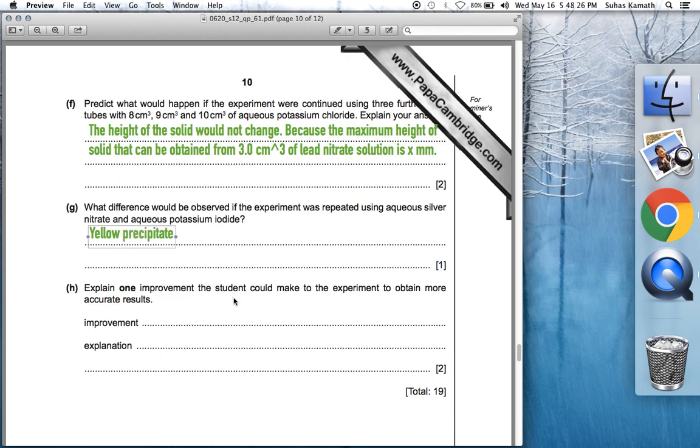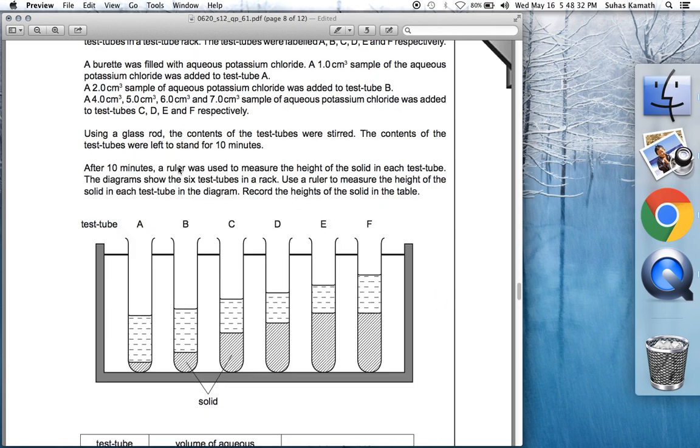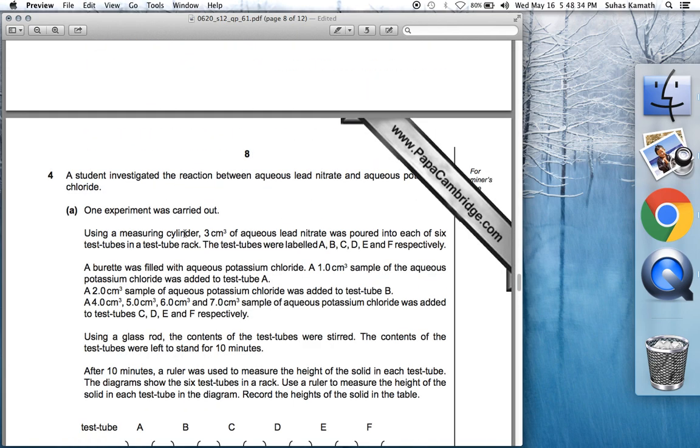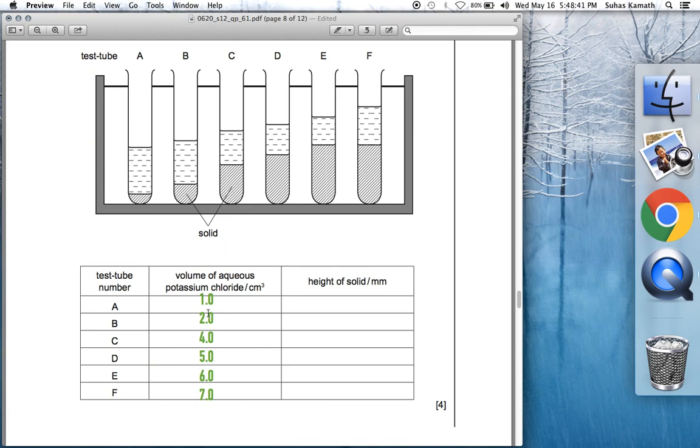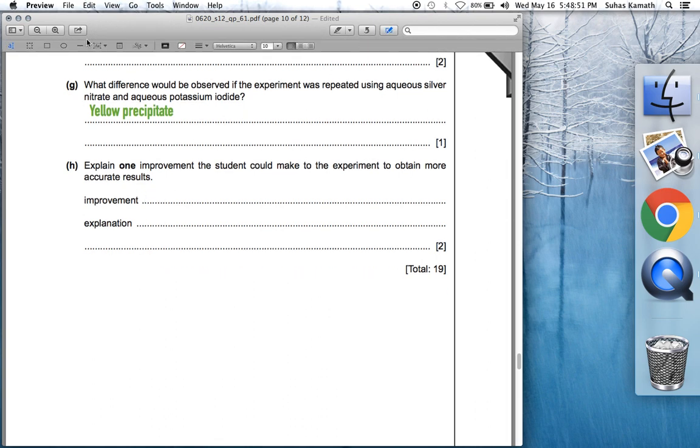So just one improvement the students could make to the experiment to obtain more accurate results. So you read again, using a measuring cylinder. So you always know. So wait a minute. Let me just get back to the original form.